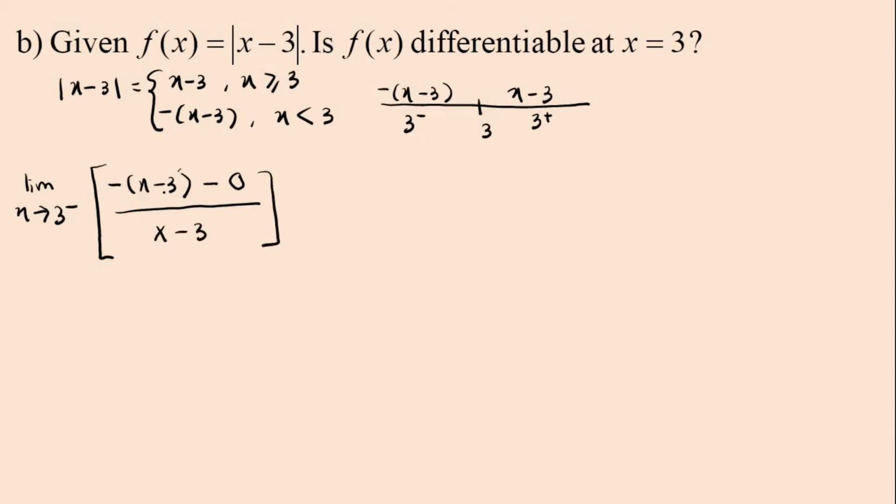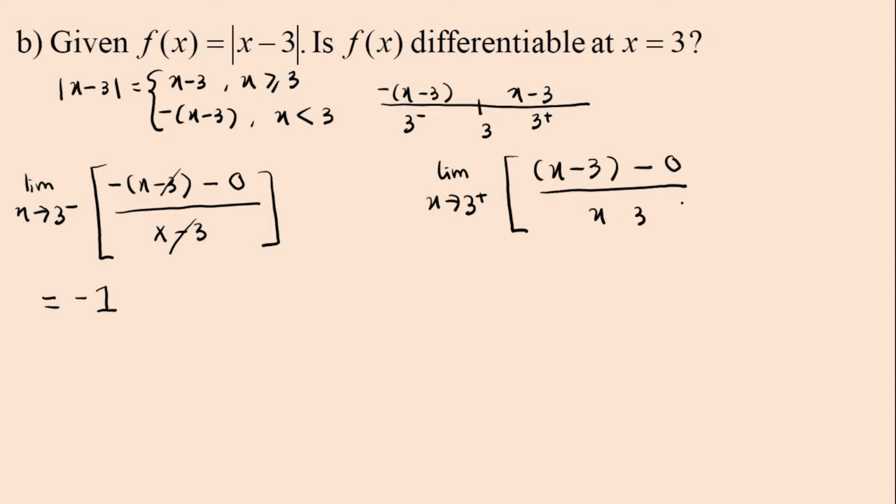Here x minus 3 can be cancelled out, and your final answer would be negative 1. Now we check from the right side, so we will have the limit of x approaches 3 from right of x minus 3, minus once again 0, divided by x minus 3. So x minus 3 can be cancelled out, and our final answer here will be 1.